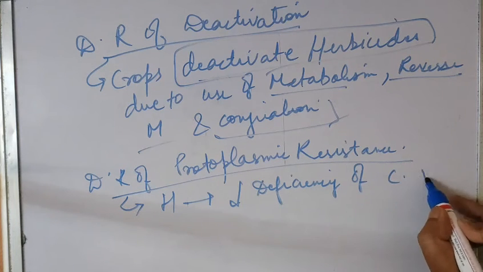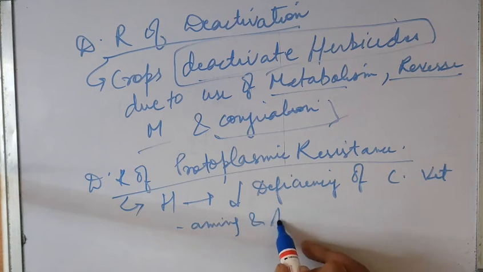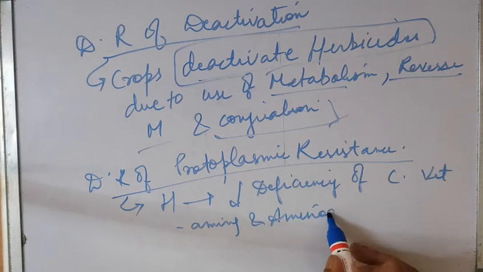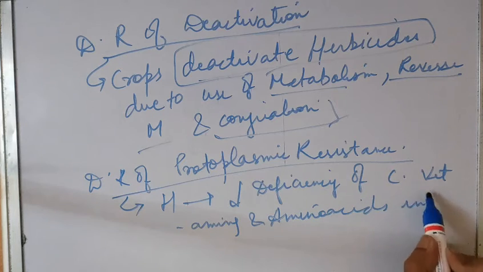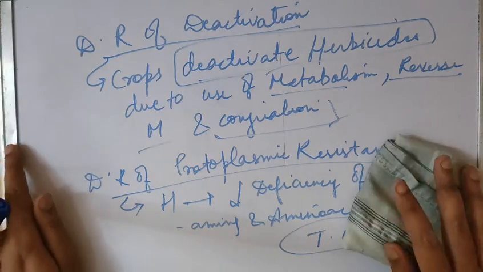So what happens? The weed certainly in some time gets killed. These were the four factors of herbicide selectivity.